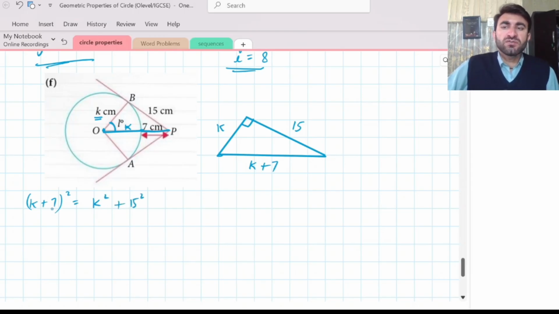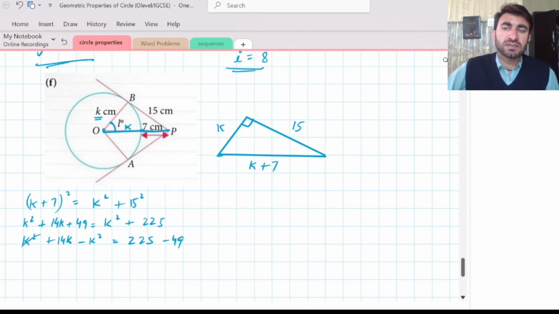So first, because we can see the unknown on both sides, we must expand the K plus 7 whole square. So it shall become K square plus 14K plus 49. It equals K square plus 15 square, which is 225. So K square plus 14K minus K square, we moved K square on the right to the left, and 49 which was on the left to the right-hand side. 225 minus 49.